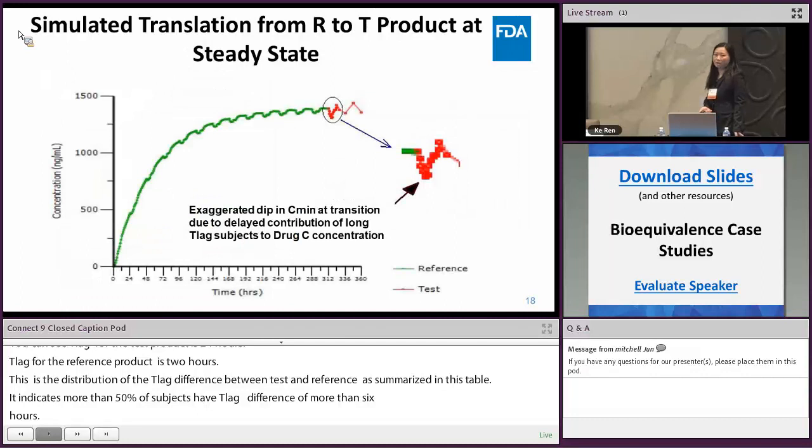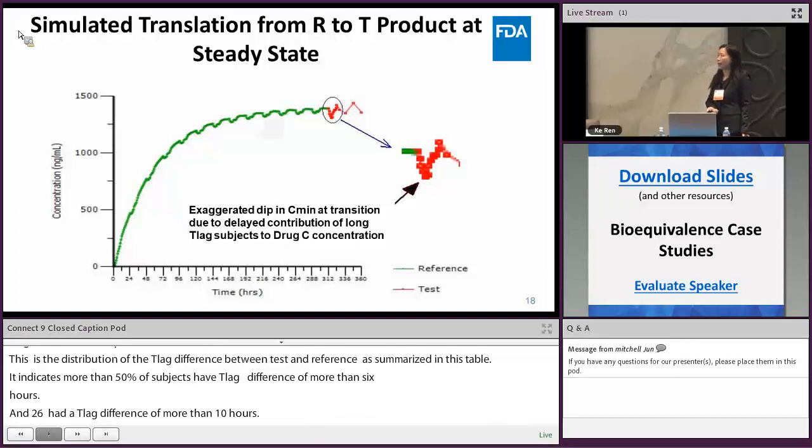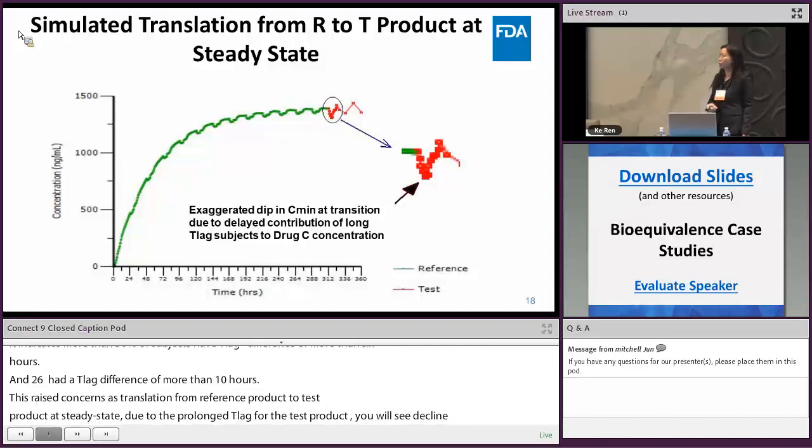This raises a concern at the transition from reference product to test product at steady state. Due to the prolonged Tlag for the test product, you will see a decline of the drug C concentration when you switch from reference product to the test product.